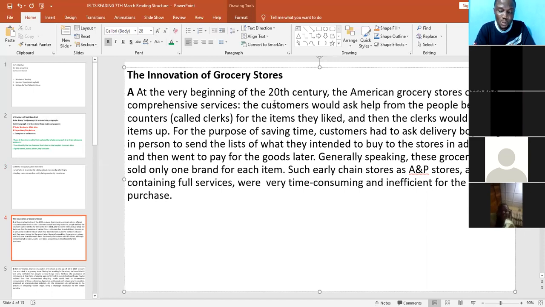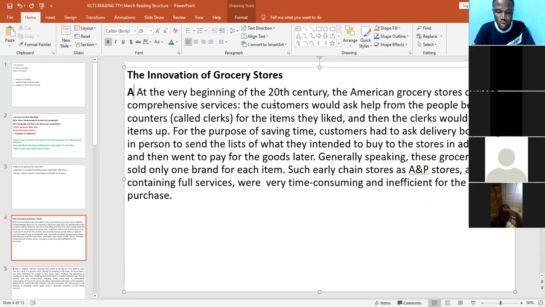So for the purpose of saving time, customer had to ask delivery boys to go in person to send the list of what they intend to buy to the store in advance and then pay for the goods later. Generally speaking, these grocery stores sold only one brand for each item.